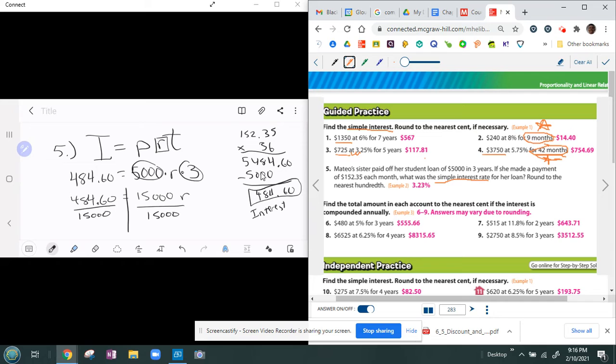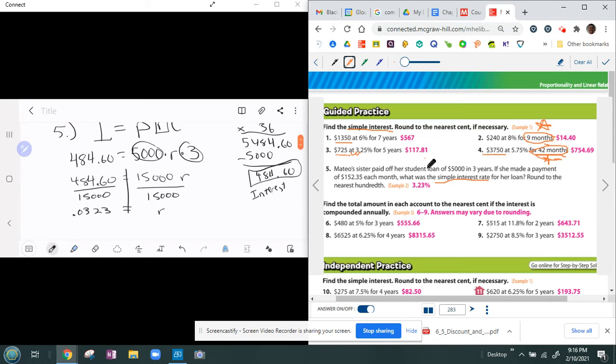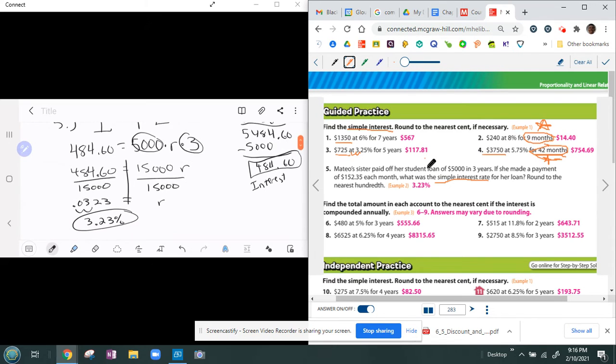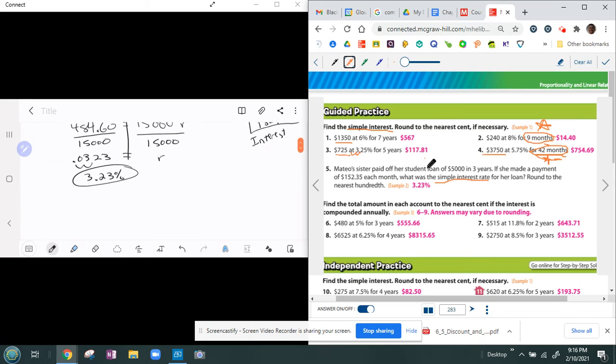That's going to give us our decimal, which actually comes to 0.0323, which we will then turn into 3.23% as our interest rate. That is a tough problem for sure. Hopefully you followed, and hopefully you'll be ready to do that one as an extra credit problem.